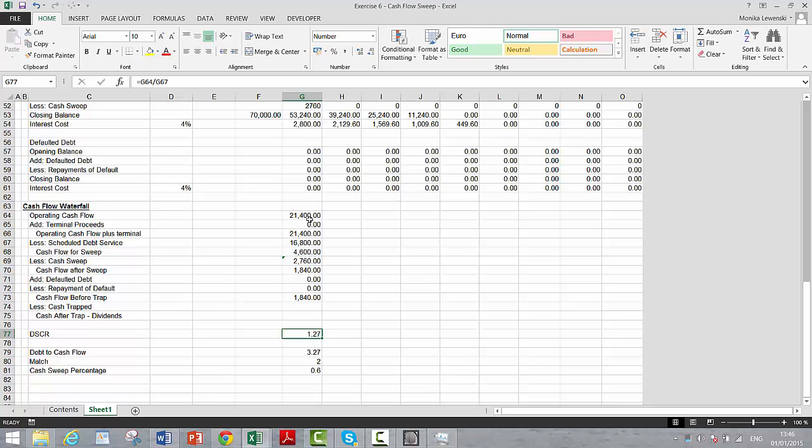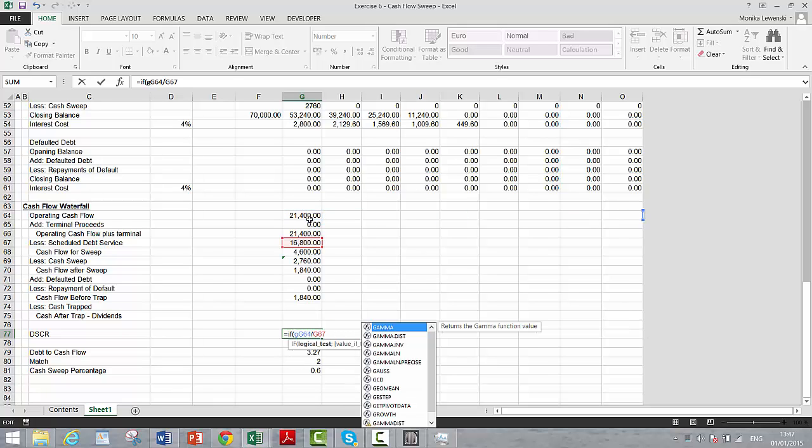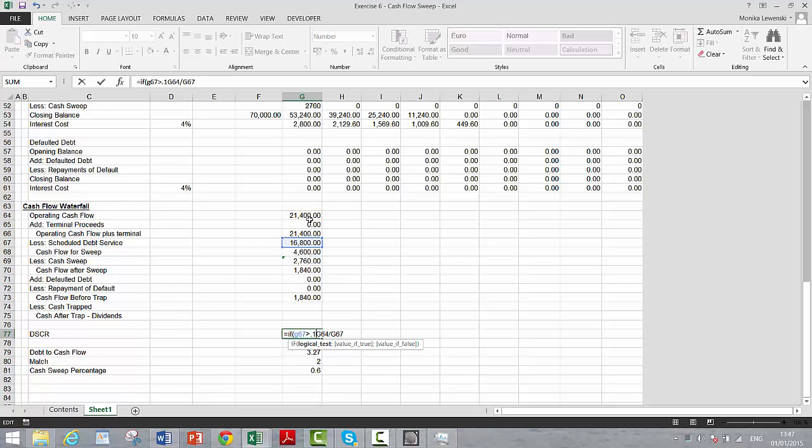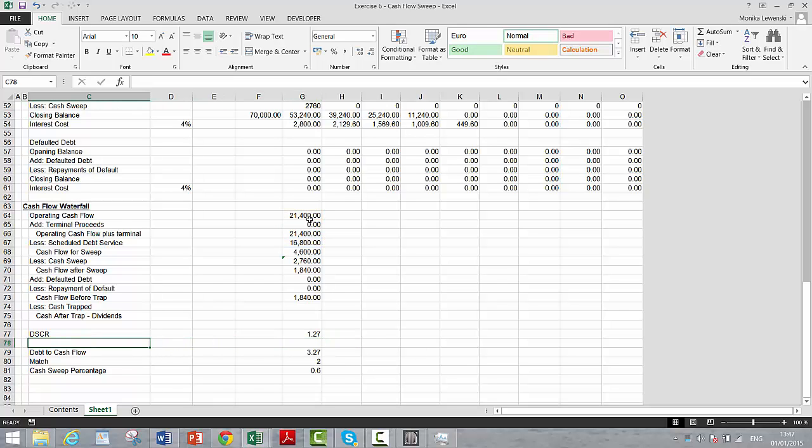Let's make that, put an if statement, G67 greater than 0.1 or something. Okay, and then we can put a test.